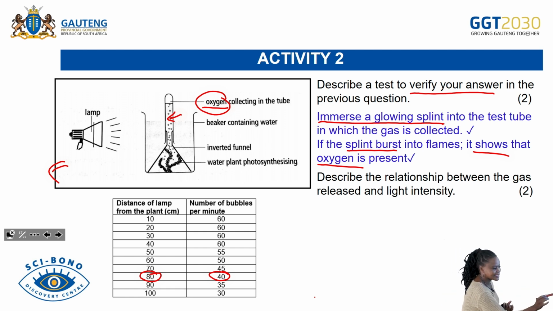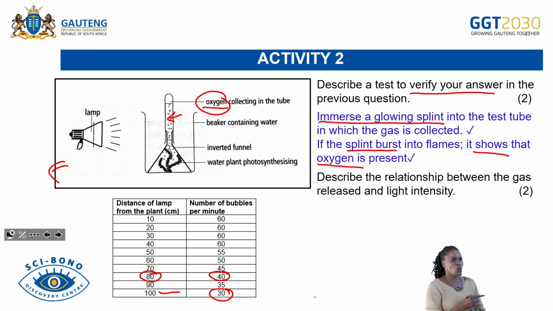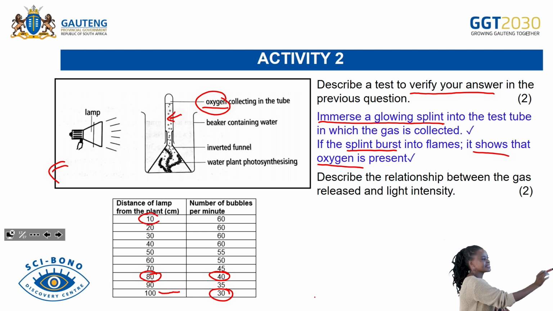Very good. When the light intensity decreases, what is happening with the number of bubbles? They also decrease. And there's another way, or who can put it? There's another way. When the light intensity increases, meaning that it is closer to the plant, what happens to the number of bubbles?